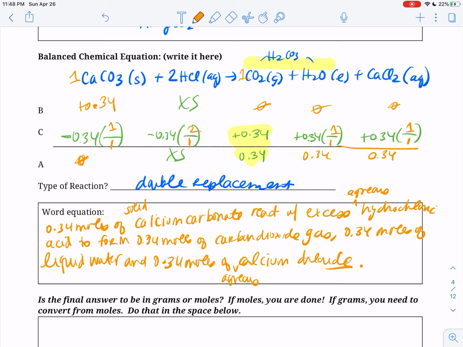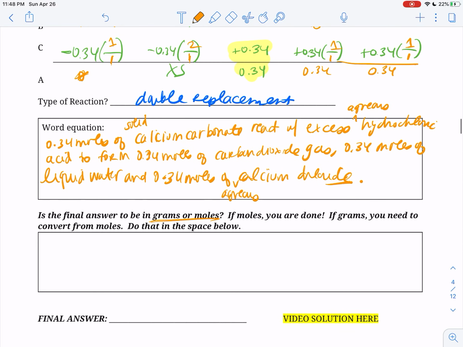Okay, so I need to now find out if I wanted it in grams or moles. If it's moles, I'm already finished. Okay, but it wasn't. It asked for the mass of calcium carbonate. So I have 0.34 moles of calcium carbonate to start with. Okay, now I have to convert. Okay, and then the molar mass of calcium carbonate. Again, I'm just going to cheat and look it up because I already know how to do it.